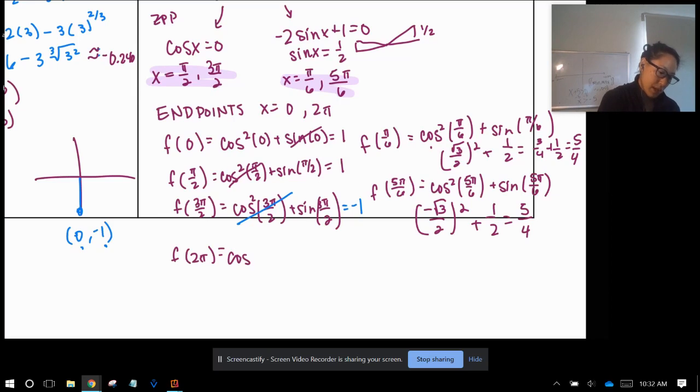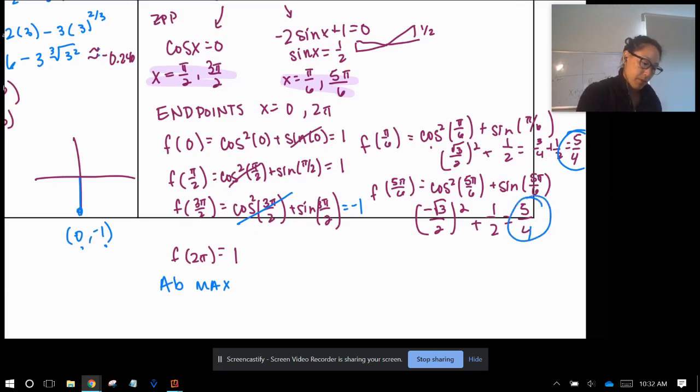Cosine 2 pi is the same as cosine of 0, and sine of 2 pi is the same as sine of 0. So I know this one is going to equal 1. Okay, so who wins? Our absolute max is pi over 6 at 5/4, and also 5 pi over 6.